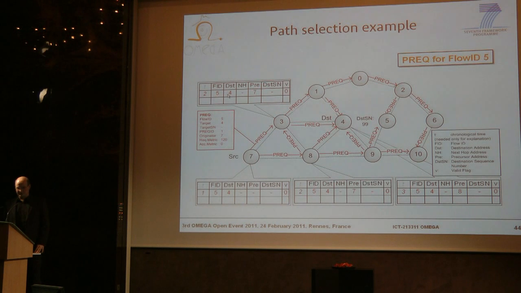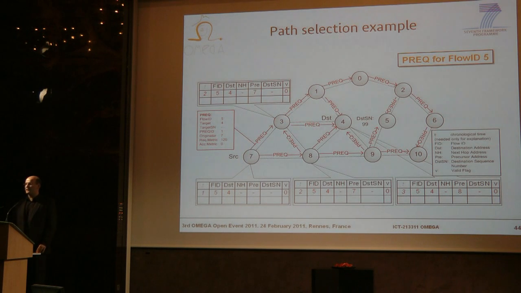This is the destination node, so it just could be the address. It's simplified. This is the next hop, which is not known at the moment. Here is the predecessor, which is 7. And this flag defines whether a route is set active or not. This means if there is a 1, the forwarding table within the data plane is triggered accordingly.